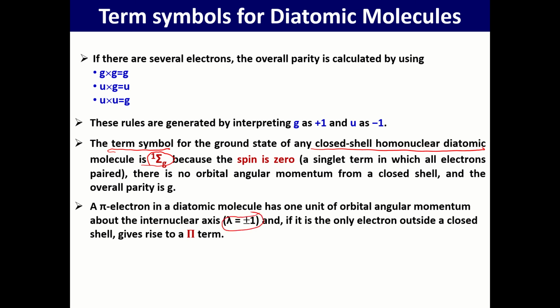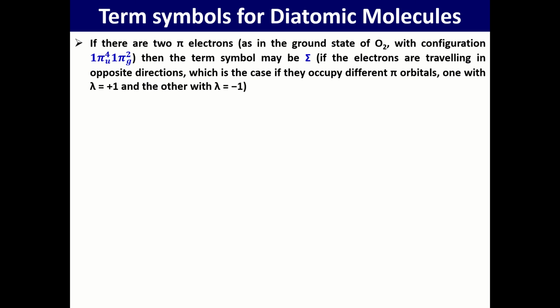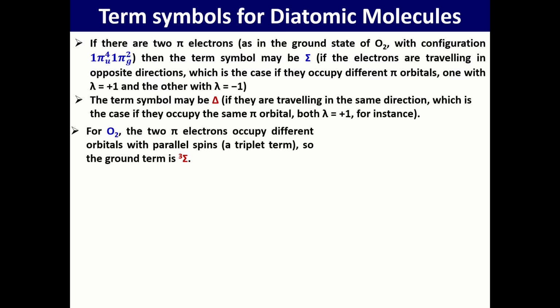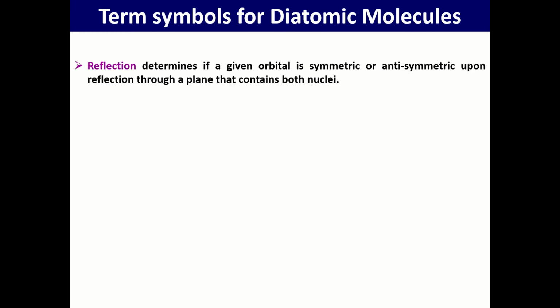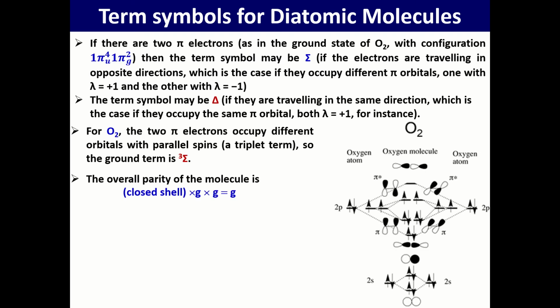तो ये सब चीजें हमने कल तक की क्लास में सीखा है, ठीक है? And now, so we assigned oxygen its term symbol based on these considerations, and so 3 sigma, and then you assign this G parity of this particular.